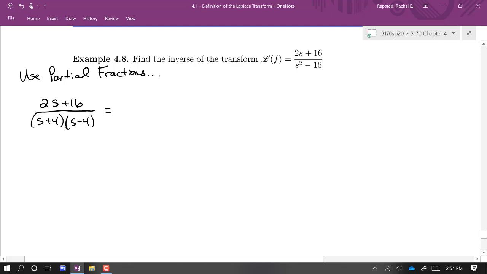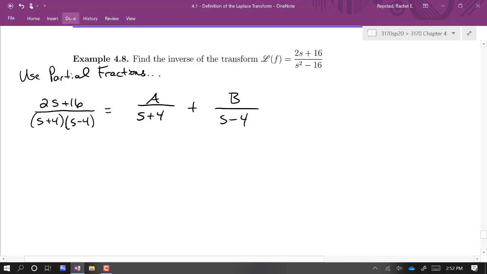And when I have distinct linear factors, as we do, the s plus 4 and s minus 4, that means we're going to set this up as some constant a over s plus 4 plus some constant b over s minus 4.